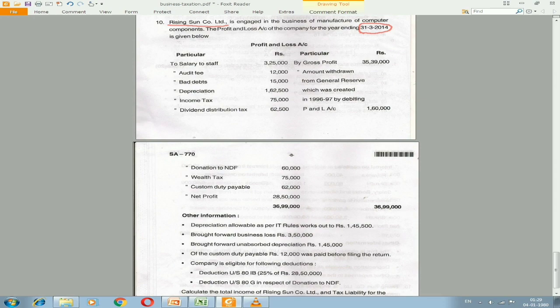Then the company is eligible for the following deductions. Deduction under section 80IB, which is 25% of 28,50,000. Deduction under section 80G in respect of donation to NDF. The deduction under section 80IB will be related to industrial undertakings other than infrastructure development undertakings.